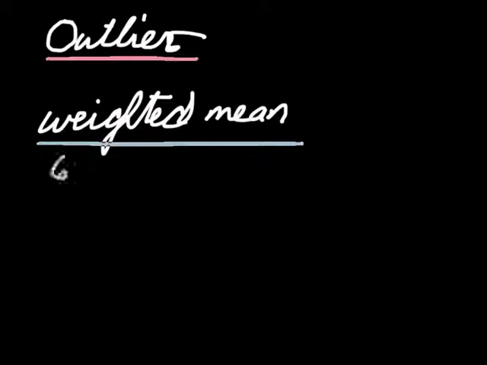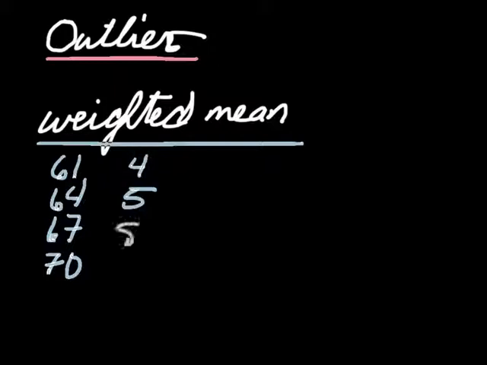Here's a list. Suppose I have data that's like 61, 64, 67, and 70, and suppose this data has a frequency of 4, 5, 8, and 1. Now suppose I want to find the average of this data.